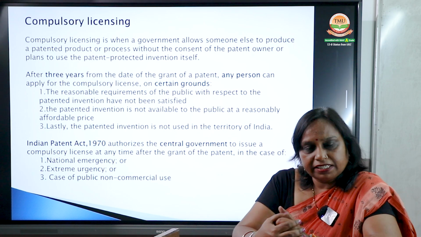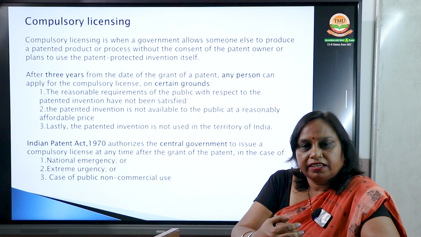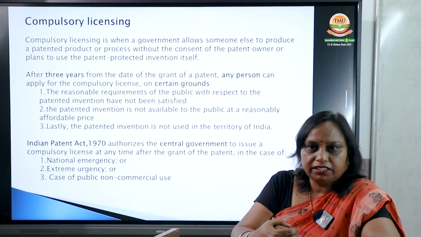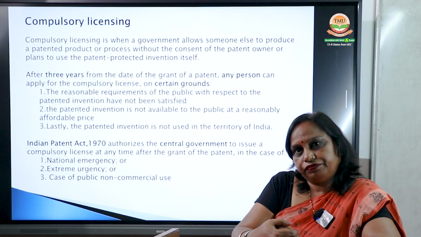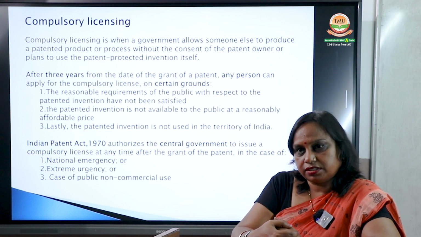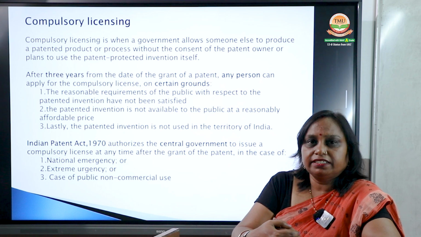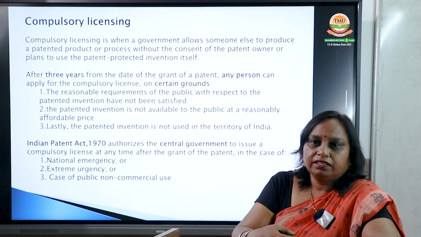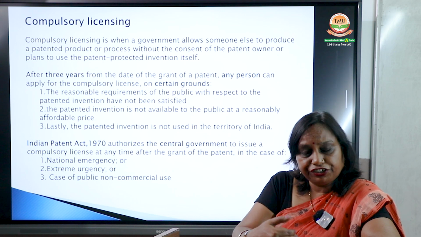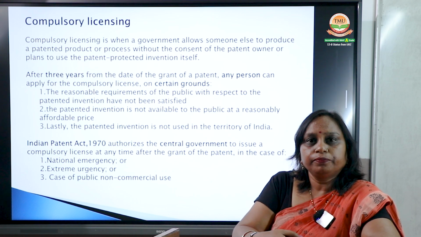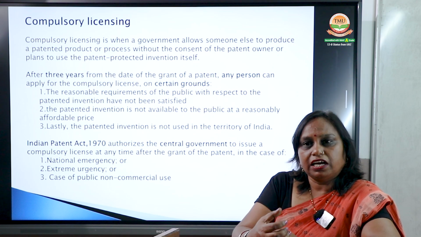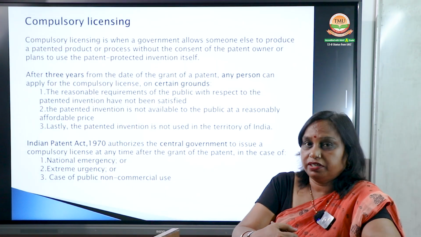In a patent, basically the patent holder gets the exclusive right over the manufacturing and selling of the particular product or a process. But there are certain exceptions, certain areas where the government, if it wishes, can allow manufacture even without the permission of the patent holder.